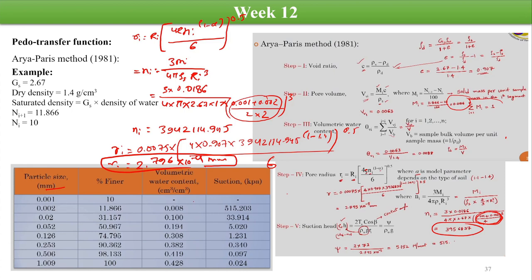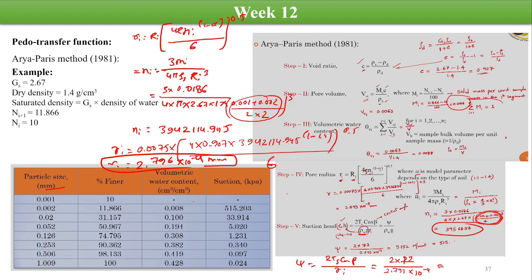And then based on this we can also calculate the suction head or the value of suction. Then we'll calculate psi as twice Ts cos beta, that's going to be 1, and this rho Wg will come here, so psi will be equal to 2 times the Ts, which is 72 as we know, upon this Ri value, given as 2.795 into 10 to the power minus 4 something, right?